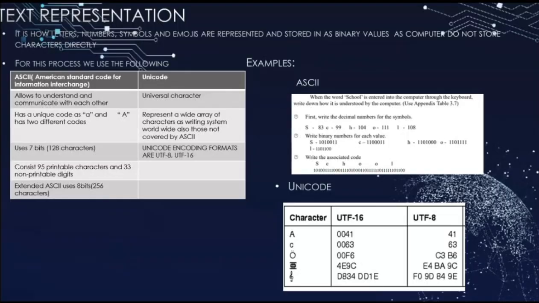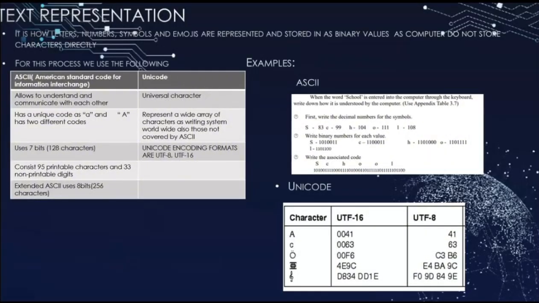Capital A and small a are two different codes. It uses 7 bits, which is 128 characters. This consists of 95 printable characters and 33 non-printable characters. Extended ASCII uses 8 bits, which is 256 characters.